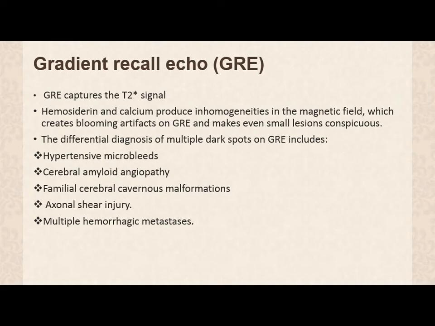Hemosiderin comes if there is hypertensive microbleeds, cerebral amyloid angiopathy, familial cerebral cavernous malformation, axonal shear injury, multiple hemorrhagic metastases, all cause intracranial bleeding. After a long time, it becomes hemosiderin, and hemosiderin is very well demonstrated on the gradient recalled echo as something called a blooming artifact.